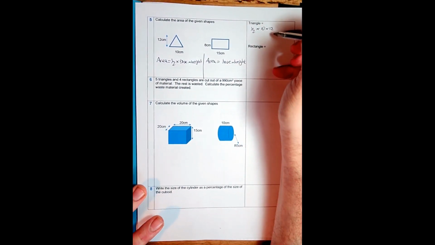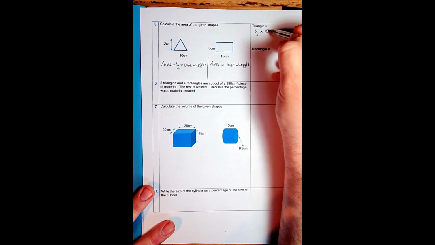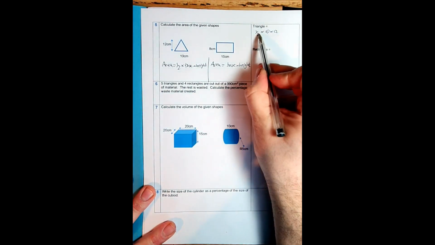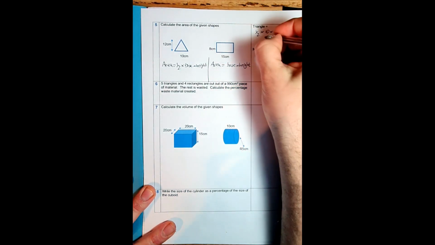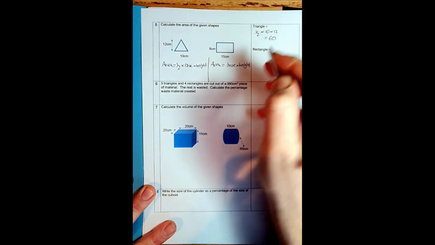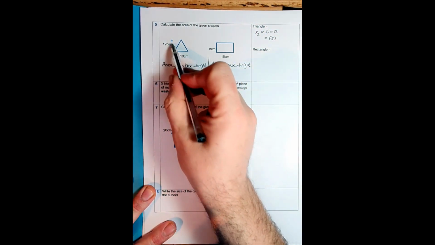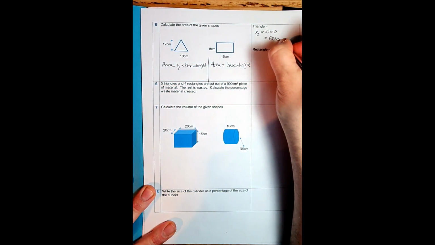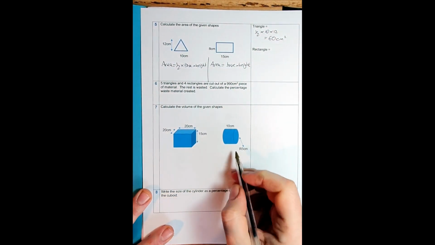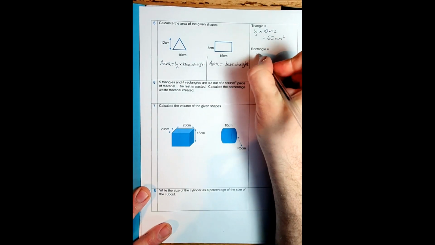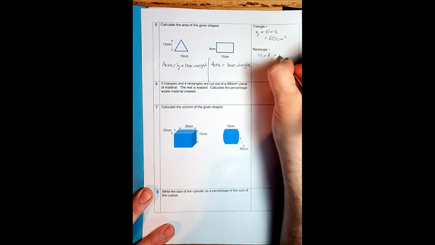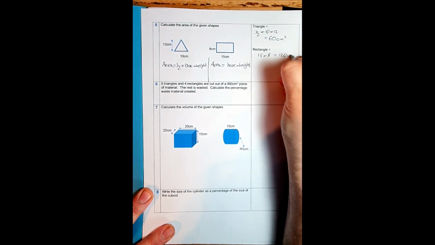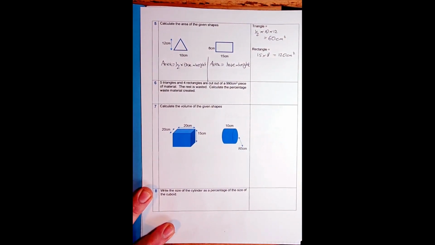You can do that whatever way you like. You can do 10 times 12 and then halve it. I'm going to do a half of 10, that's 5. 5 times 12 is 60. And the dimensions are given in centimetres, so it's centimetres squared. And for the rectangle, you just do 15 times 8, which is 120 centimetres squared.